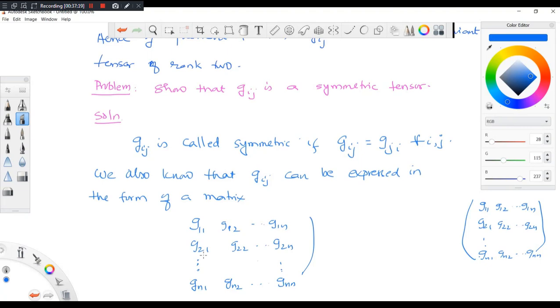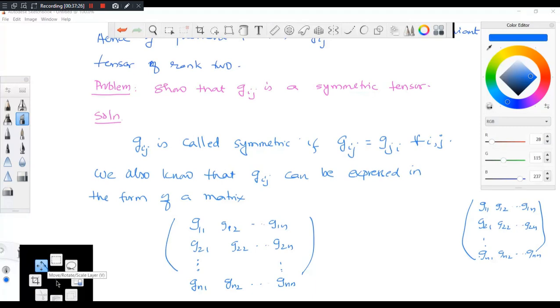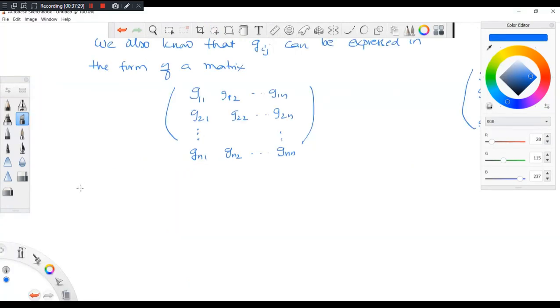So this matrix. Further, Gij can be expressed in the form Gij is equal to Aij plus Bij.